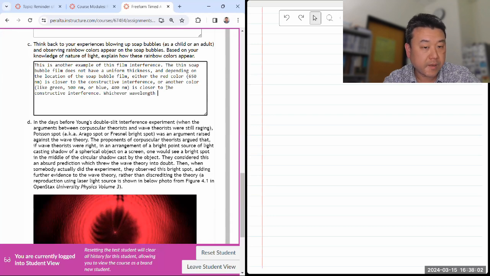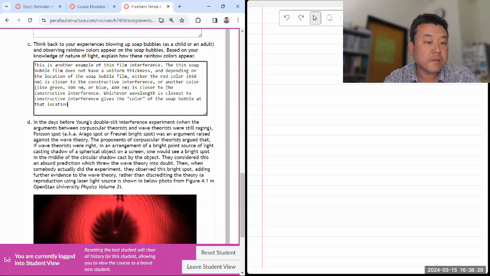Whichever wavelength is closest to constructive interference gives the color of the soap bubble at that location, and the change of the film thickness at different locations results in different colors.